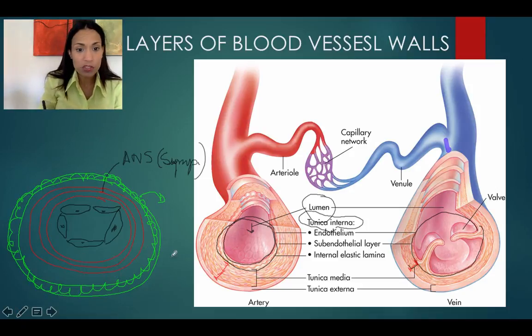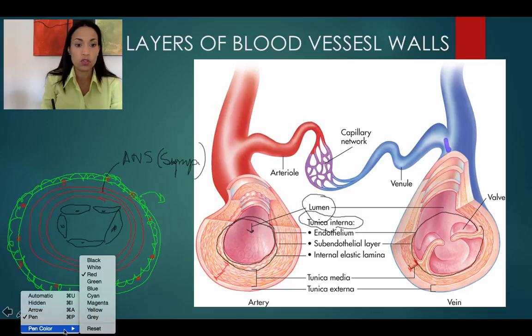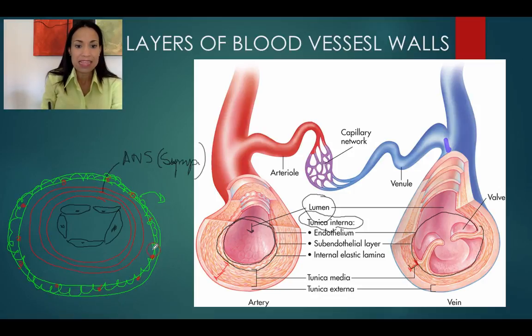Now, this tunica externa, if you look closely, has blood vessels. Of course, like any other anatomical structure, we need to supply it with blood, right? So in the tunica externa, we're going to find the blood vessels of the blood vessels.